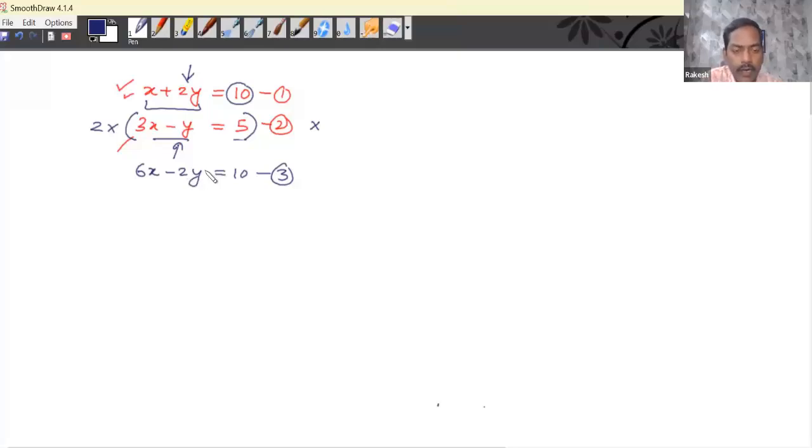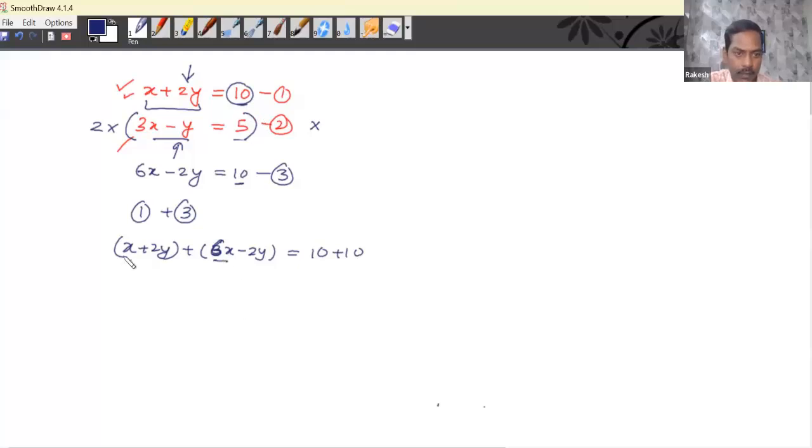So if I add both these equations, equation number 1 and equation number 3, the like terms will be added. Let us add. So the LHS portion is x plus 2y, and the LHS portion of the third equation is 6x minus 2y, and the RHS portion will be added like this. This will be 10, and this is also 10. We are adding these two.